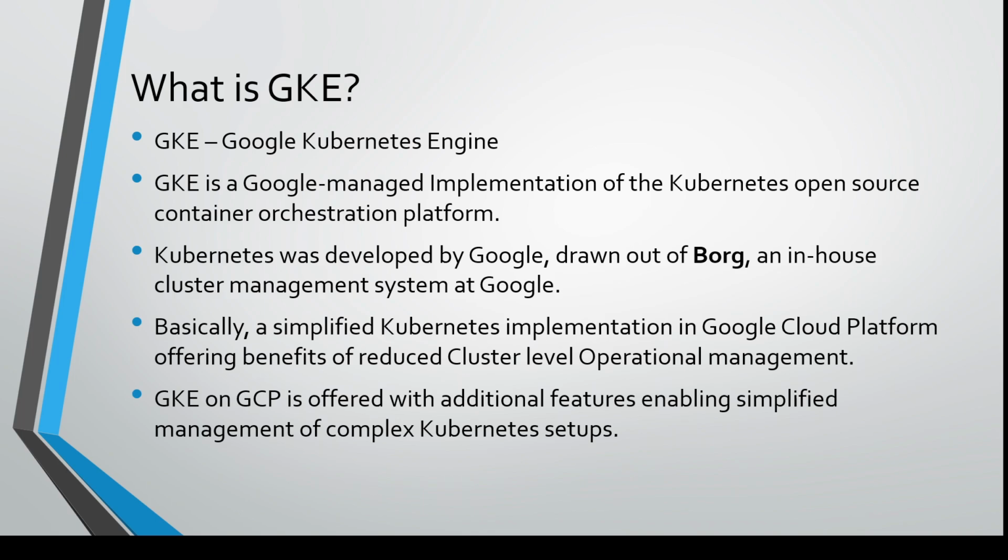You can also use the gcloud CLI on Cloud Shell or your own local shell, and just run a simple gcloud container clusters create command with a couple of other options, like the cluster name and the region or zone where you would like the cluster to be created.